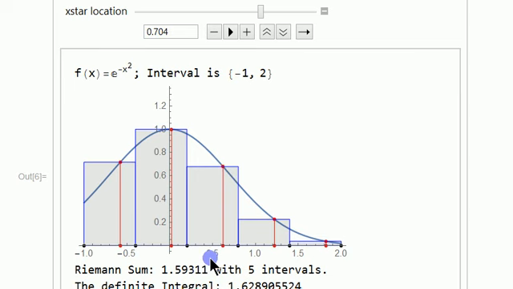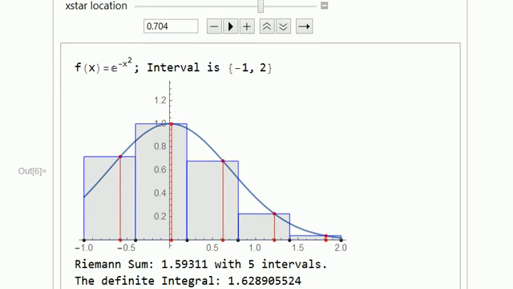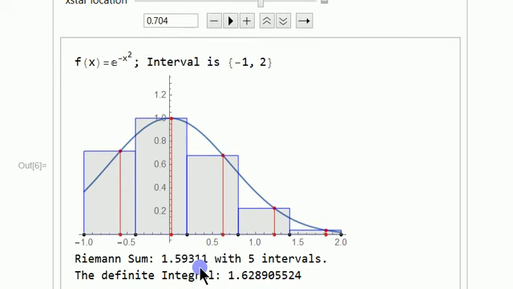Maybe it's 2/3 from the left side in here, and that of course will change the Riemann sum. As you can see, the Riemann sum is 5.9311, like that.